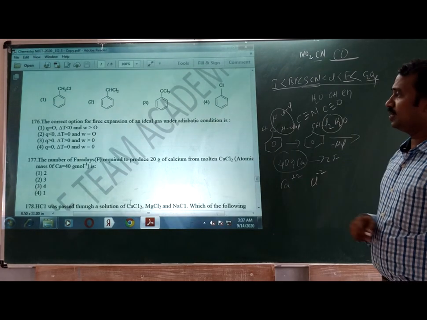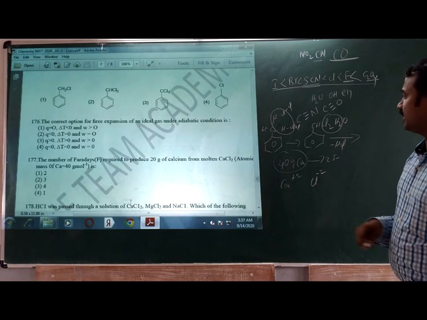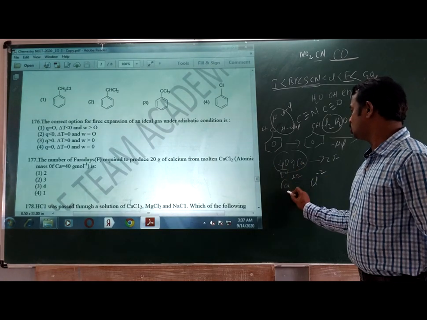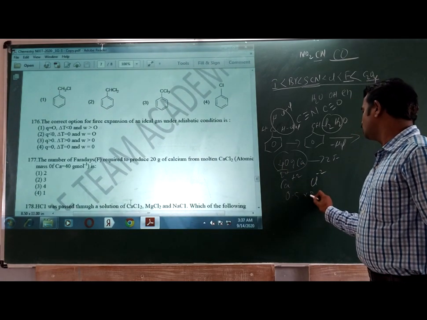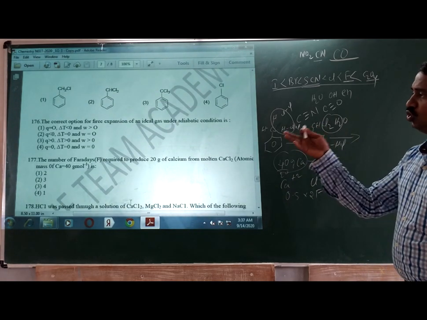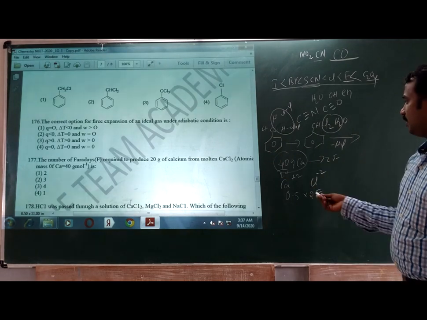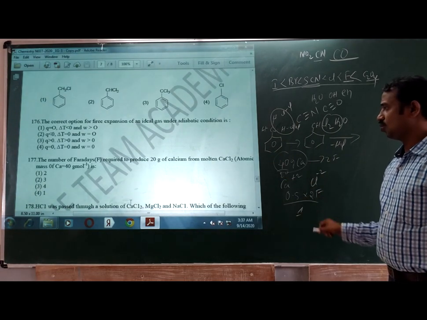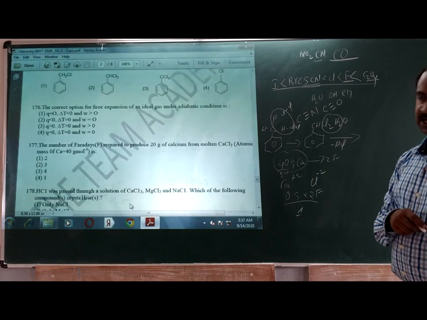They have given 20 gram, which means 0.5 into 2 Faradays. The number of Faradays is 1. Option 4 is the correct answer.